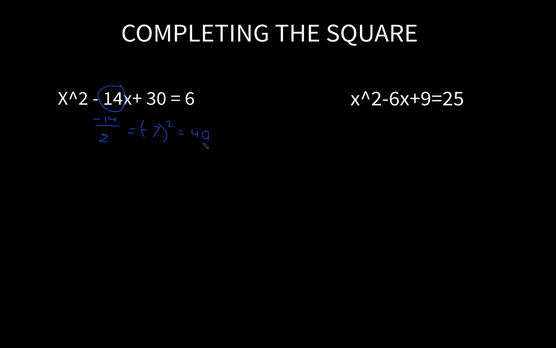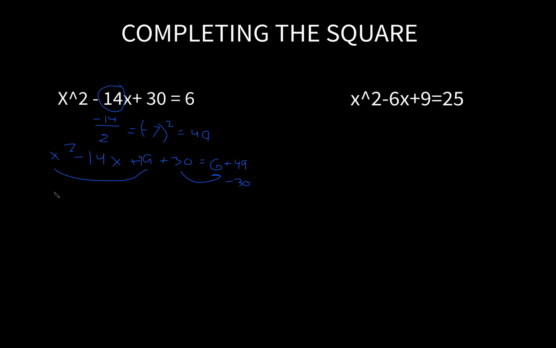Now let's go ahead and rewrite this by adding our 49 to each side of the equation. x squared minus 14x plus 49 plus 30 equals 6 plus 49. And then we're just going to want our nice pretty equation here on the left, so we'll move the 30 over as well by subtracting 30.